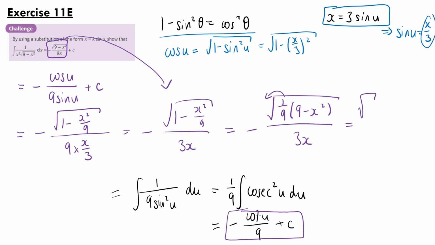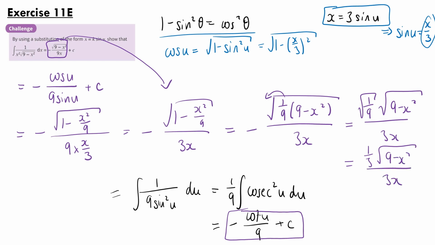So the square root of the 9th comes outside, which is just a third. And then to get rid of the third on the numerator, sorry, I forgot the minus there, we need to multiply top and bottom by 3. So we're left with minus the square root of 9 minus x squared, over 9x. Add on the plus c as required.